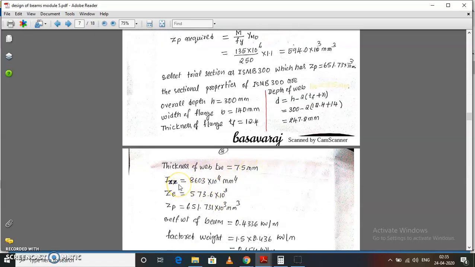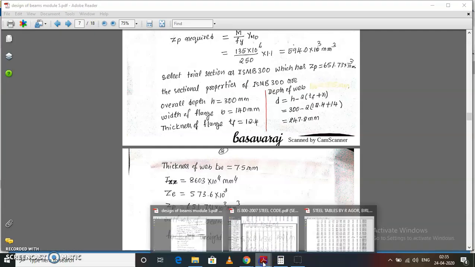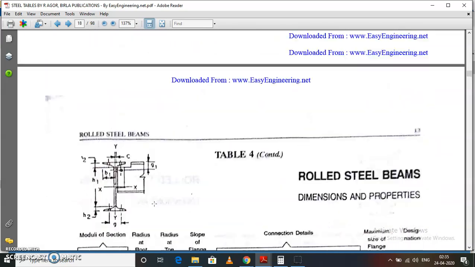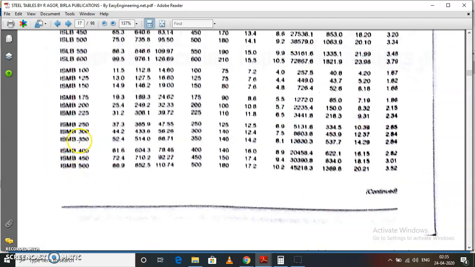Moment of inertia along Z axis is 8603 into 10 power 4 mm to the power of 4. You can see the values here for ISMB 300.